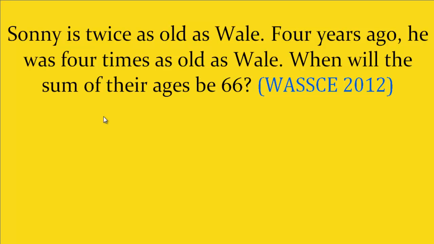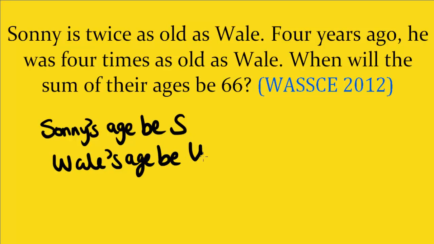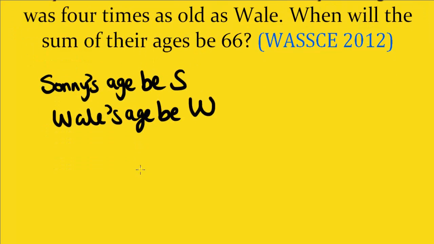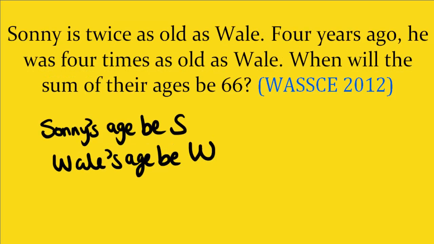So the way to approach this problem will be to proceed as follows. Let Sonny's age be S and let Walle's age be W. Let's first of all represent the information given.